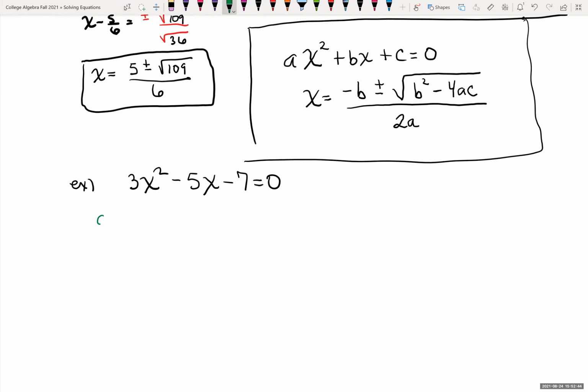In our case, a here is 3. Which one is b? Our b coefficient is negative 5. And our c value, so carry your signs with these, our c value is negative 7.